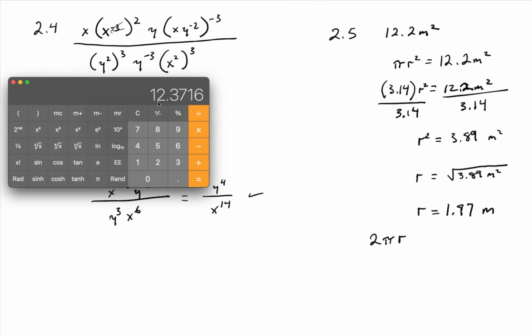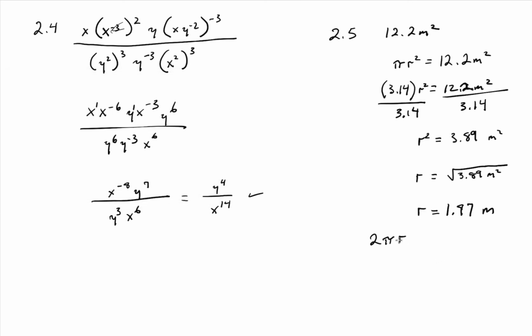So that's going to be 12.37. So our circumference is 12.37 meters. All right. It's a 9. So that's how we would do that.